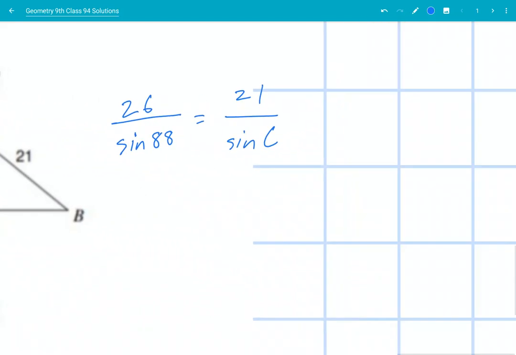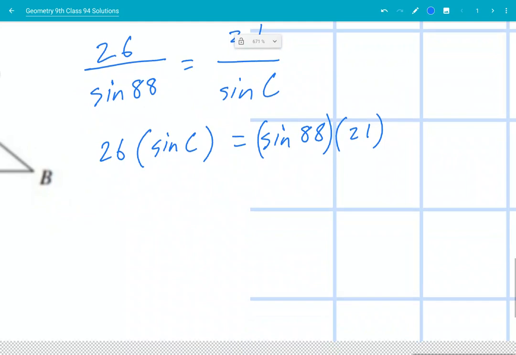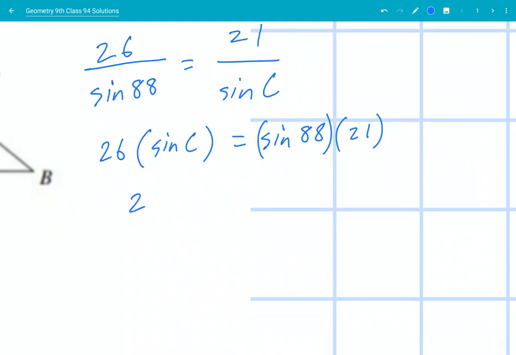So let's cross multiply. 26 times sine of big C equals sine of 88 times 21. So on the left, I'm going to write 26 times sine of C equals, now let's simplify the right, sine of 88 is 0.99939 times 21. I get 20.98.